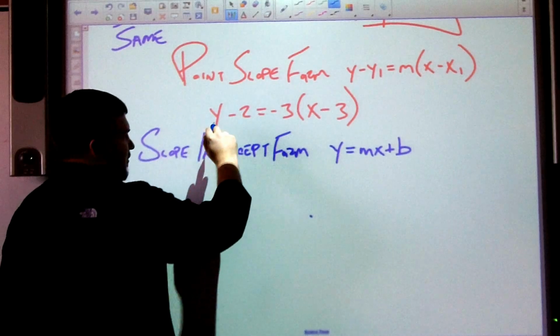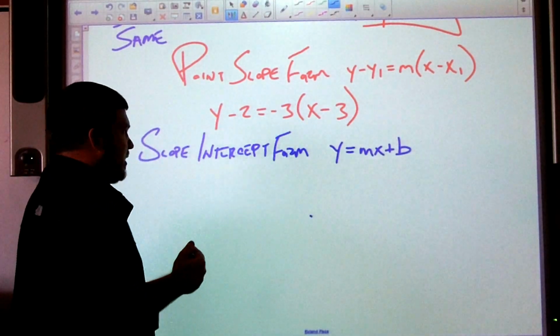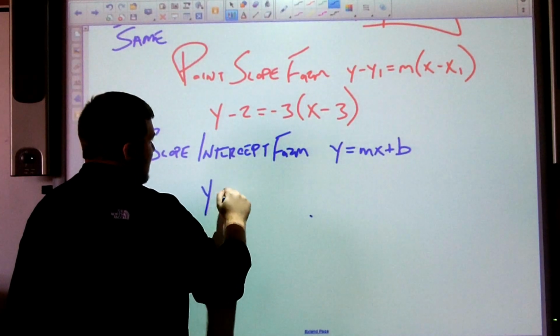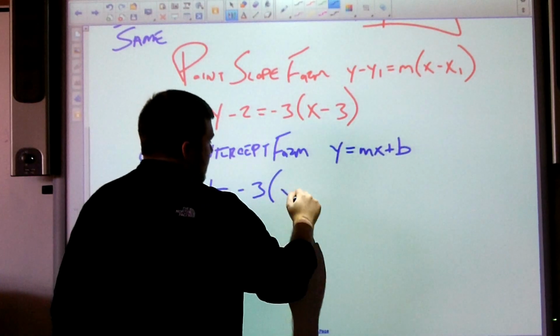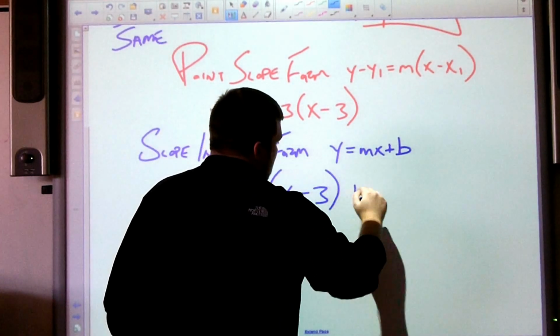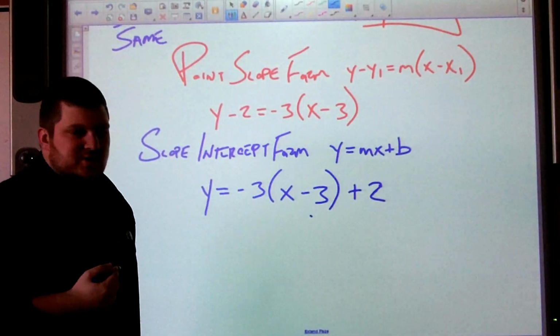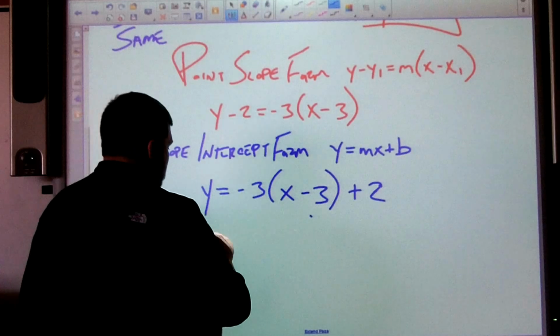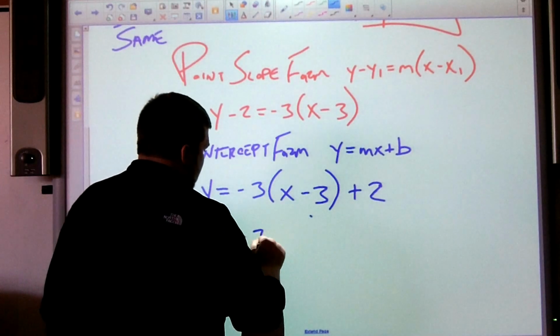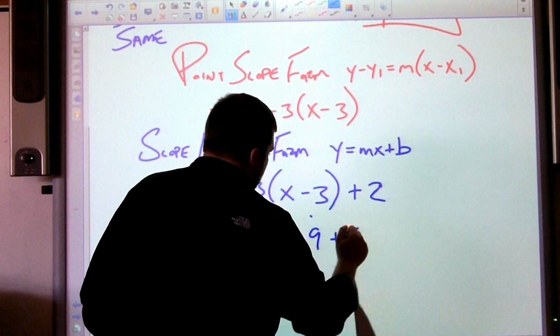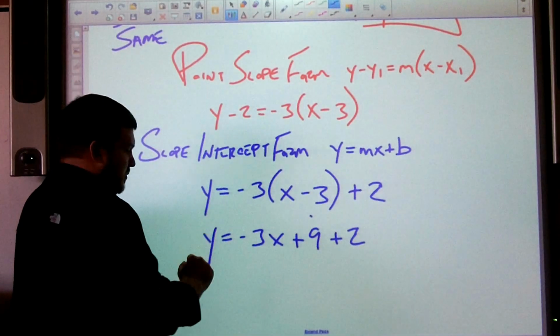So to do that, I first need to get y by itself. My first step is going to be to add 2 to both sides. So I have y equals negative 3 times x minus 3, plus 2. Now I need to use the distributive property. So I have y equals negative 3x plus 9 plus 2, and then finally simplify it.